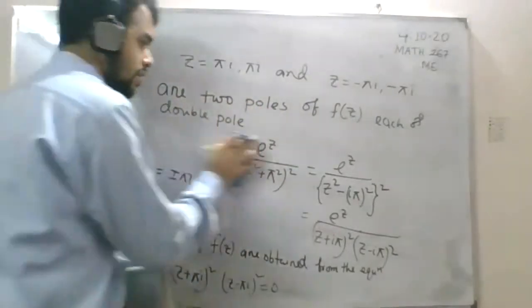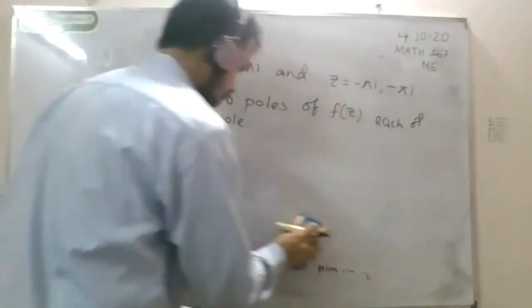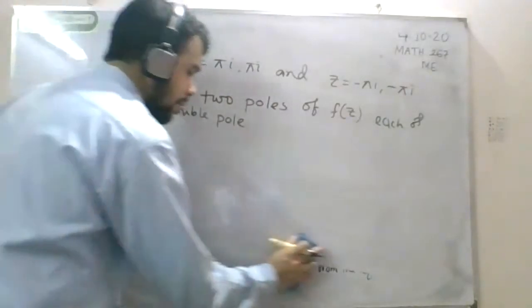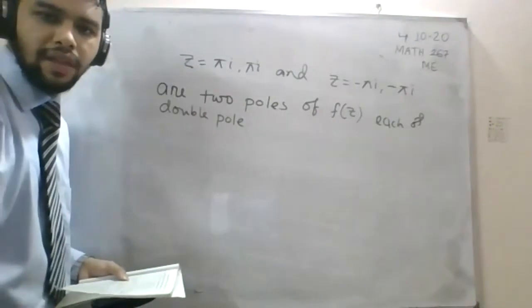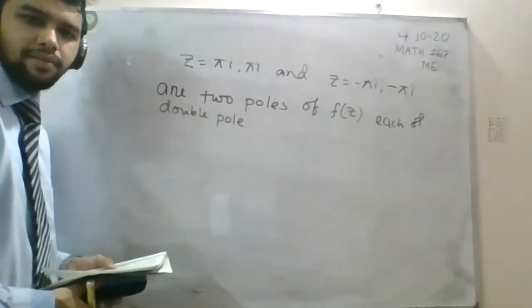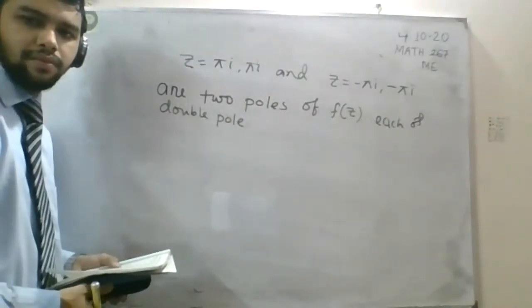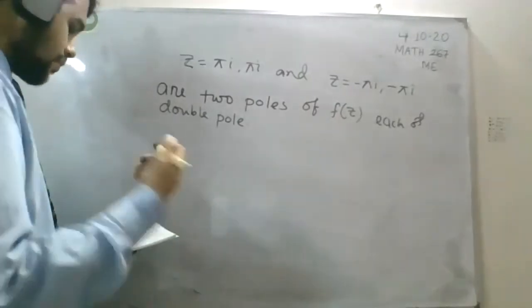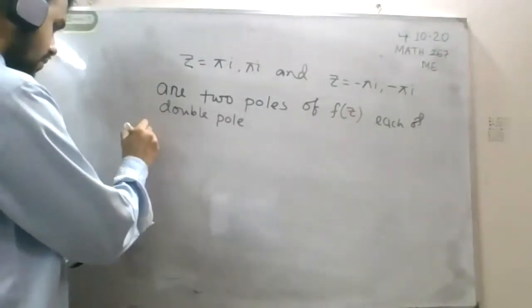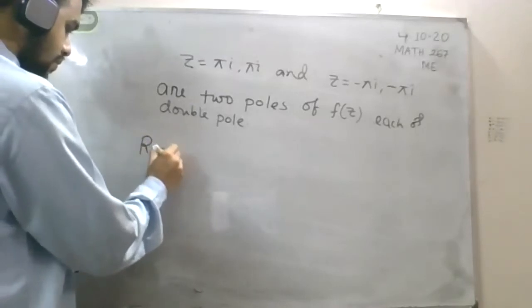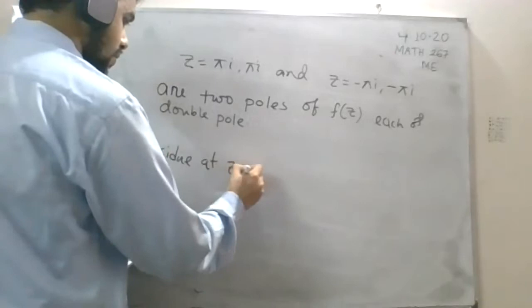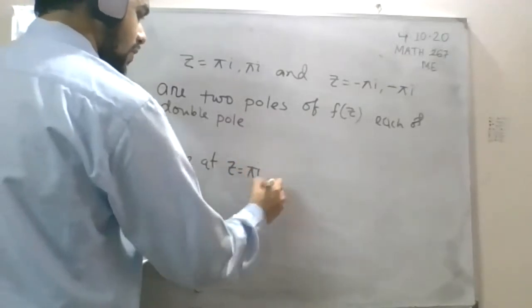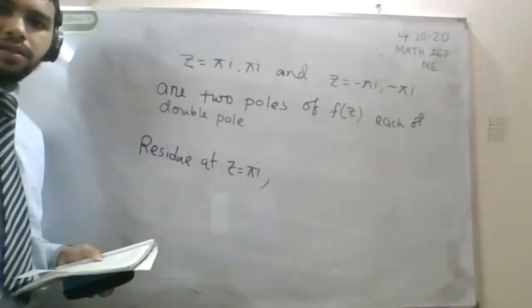So tell me the formula to find the residues of a double pole. Anyone? Yeah, what about this? Do you remember?